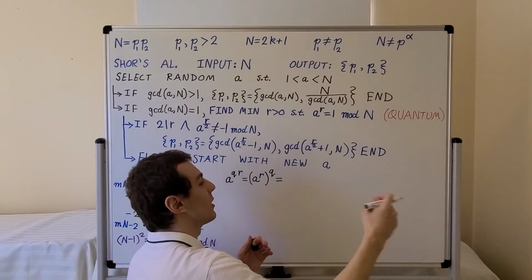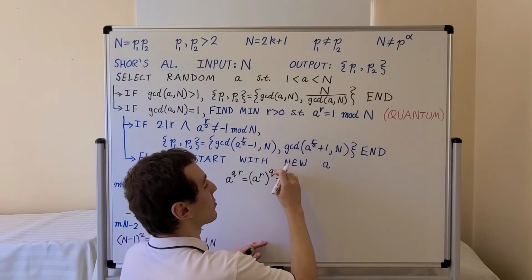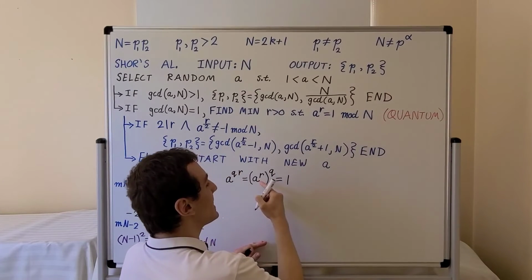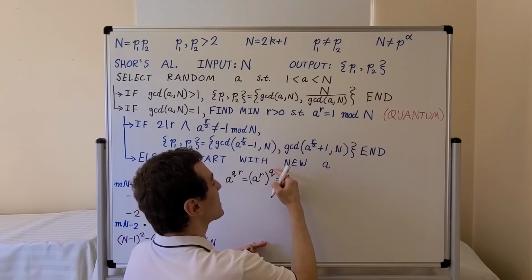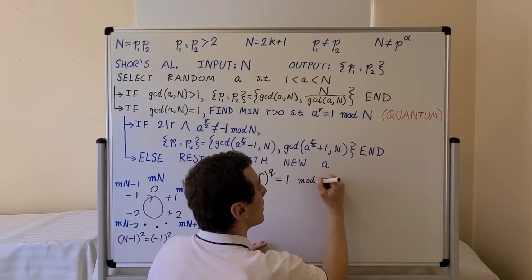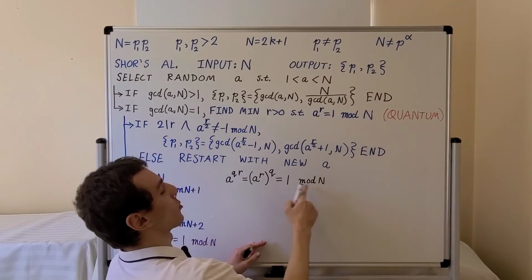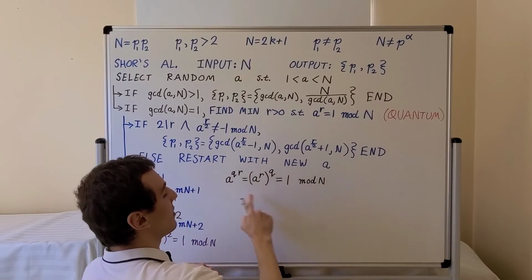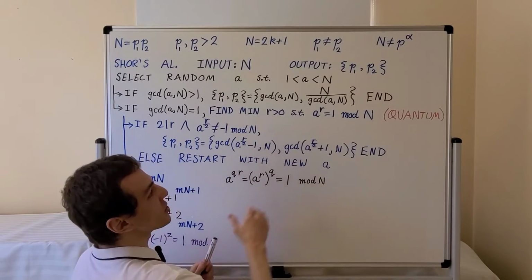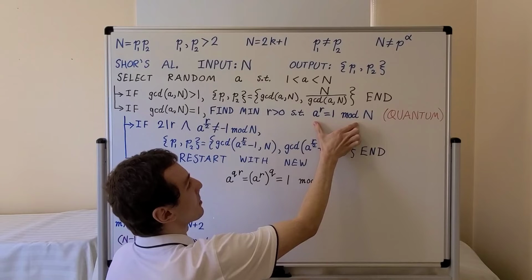That's 1 times 1 times 1, however many times we have q over here. So that means this is going to be 1. We're raising 1 to the power of a positive integer, and that gives us 1. And we need to write mod n because we're dealing with modular arithmetic. So this tells us that any integer multiple of r also satisfies this relationship.